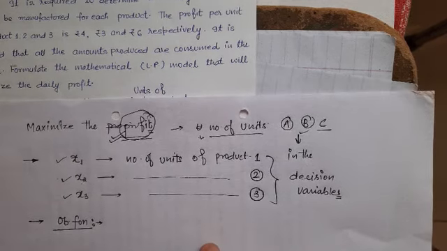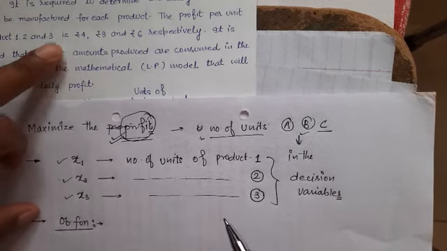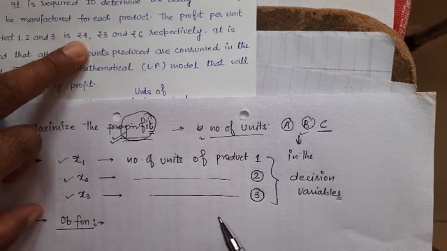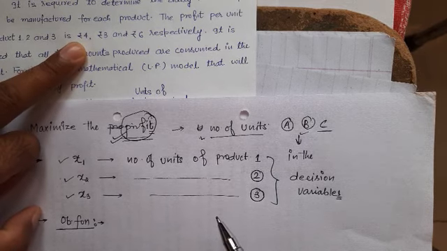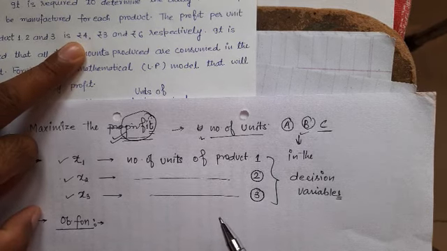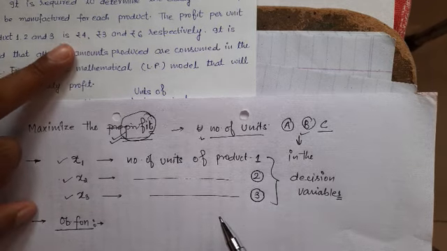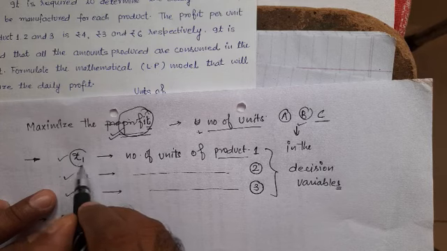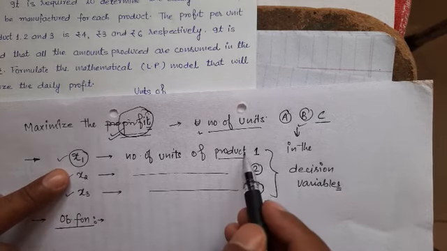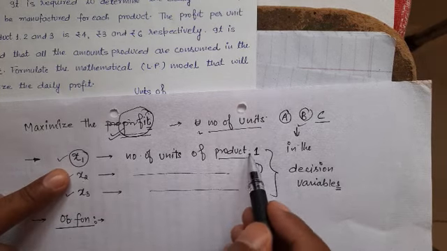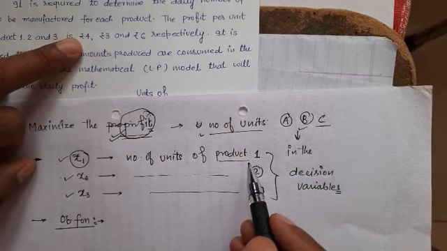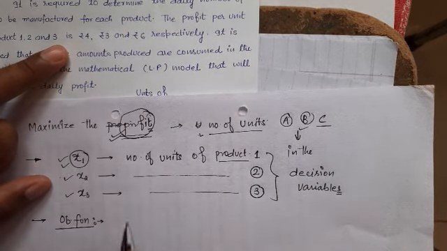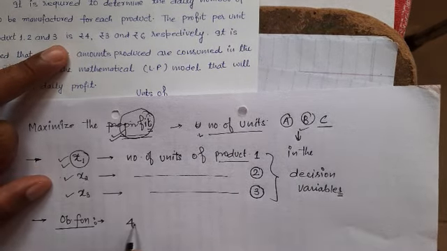Now profit. You look, 1 unit of product A gives 4 rupees of profit. The number of units of product A is x1. So x1 units will give you a profit of 4x1.